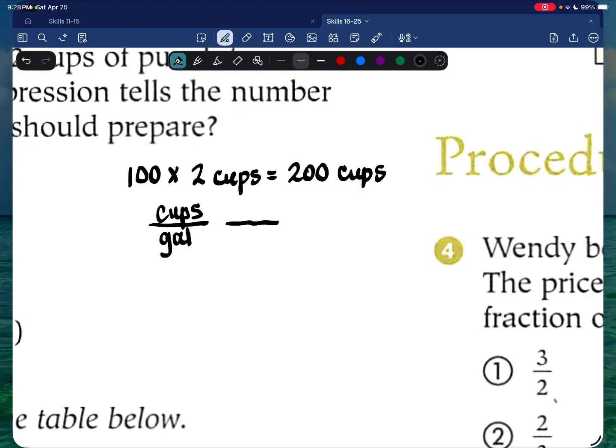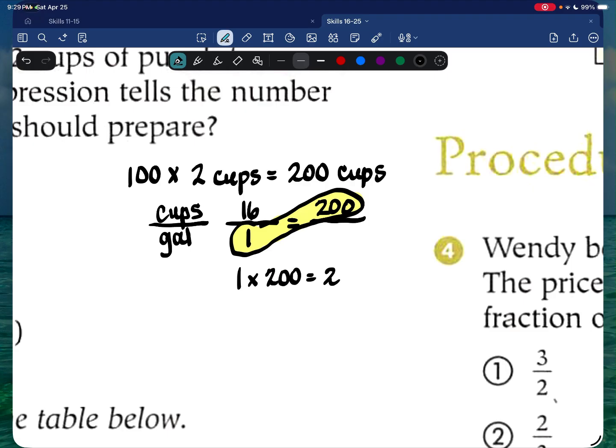And if you envision the gallon man, remember his fingers and toes with no thumbs or big toes, there are 16 cups to a gallon, and we want to convert 200 cups. So at some point, we will have to divide 200, because remember, you multiply the peanut. So 1 times 200 is 200. And then you turn around and divide 200 by 16.